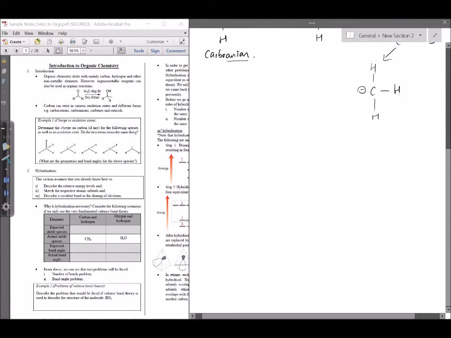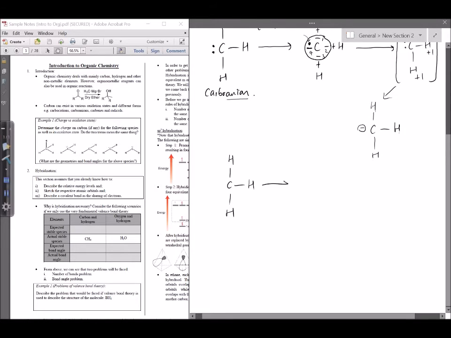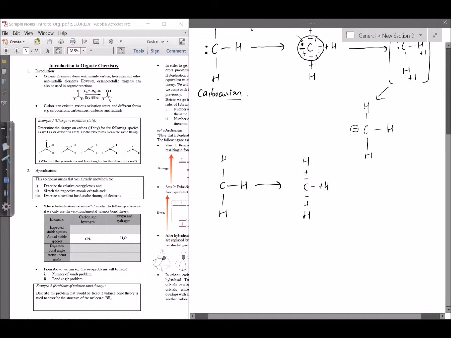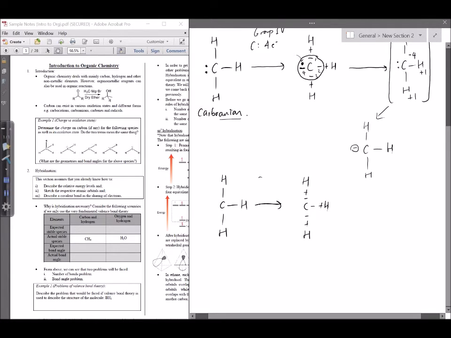Right, next we can do the same thing for the next species, which is this, right? So same thing, first step, we allocate the minus plus, right? But this time we see that, hey, carbon only has 1, 2, 3 electrons around it. What this means is that, recall from just now that carbon has 4 electrons because it's from group 4.